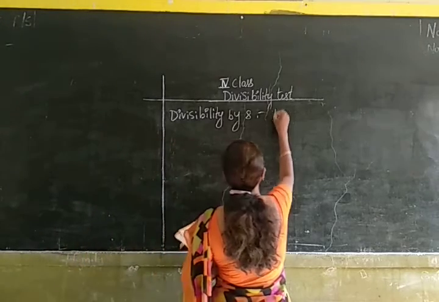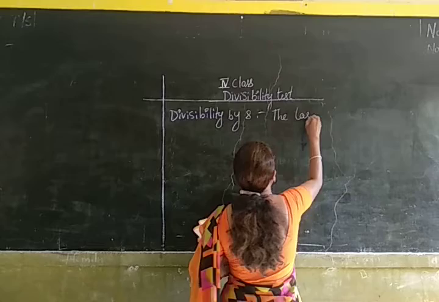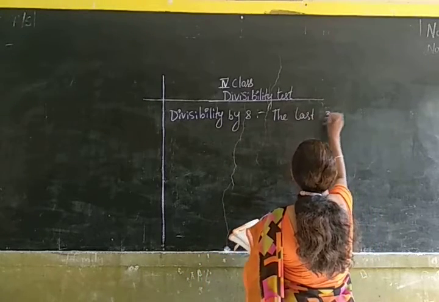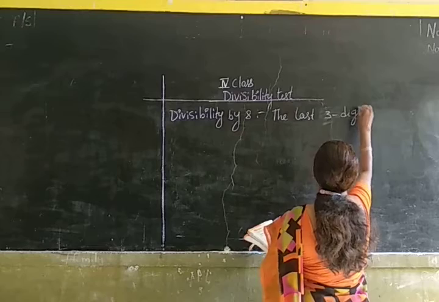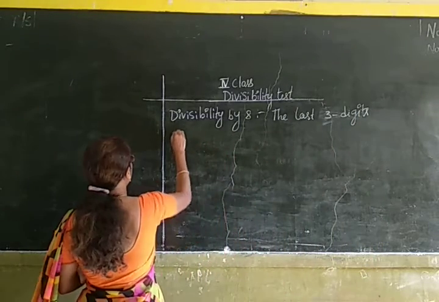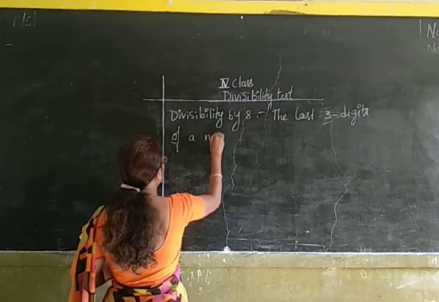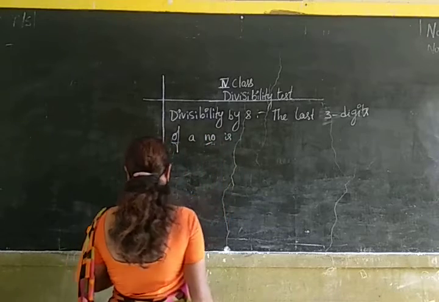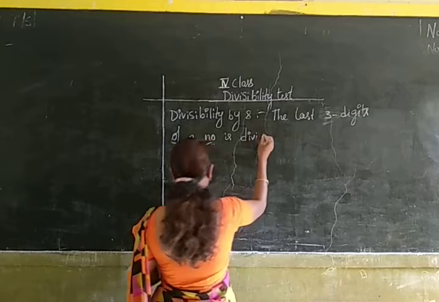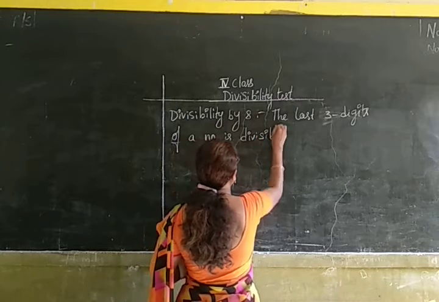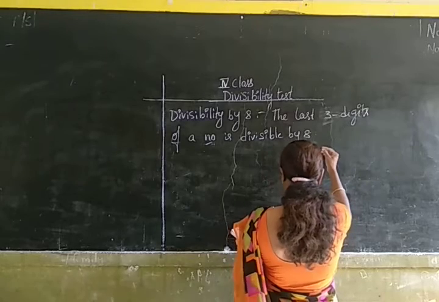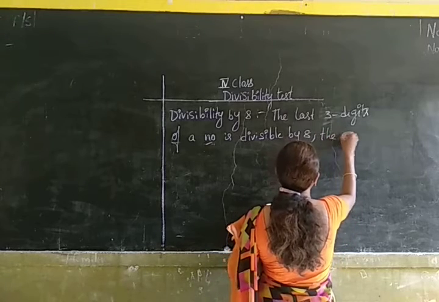The last three digits of a number, if divisible by 8, then the entire number is divisible by 8.